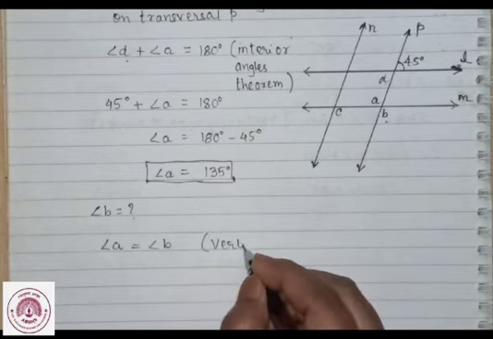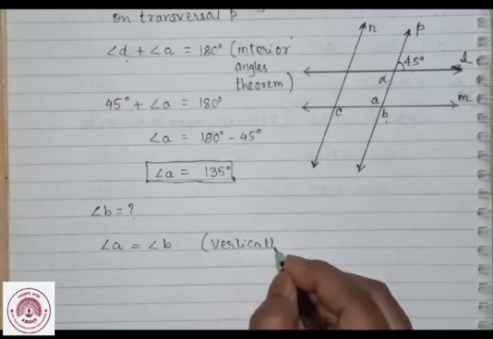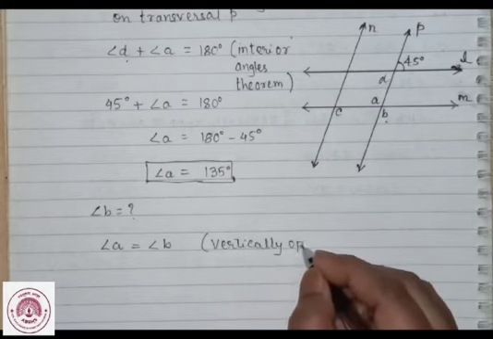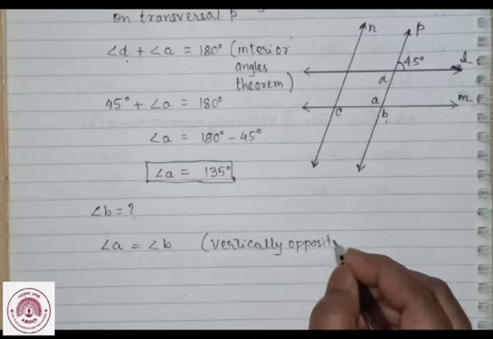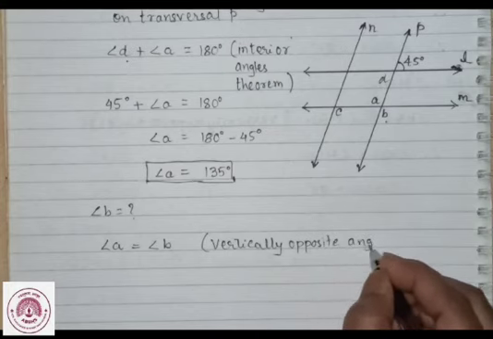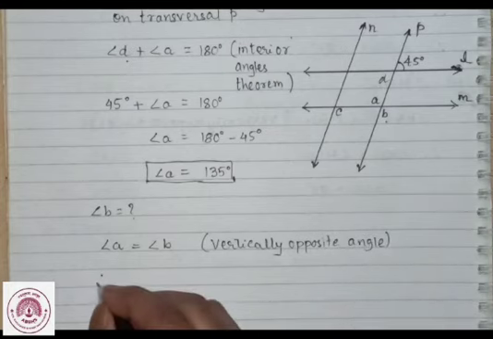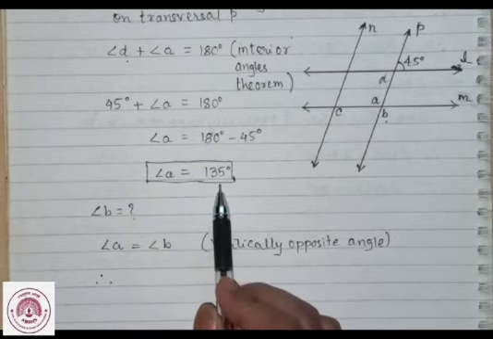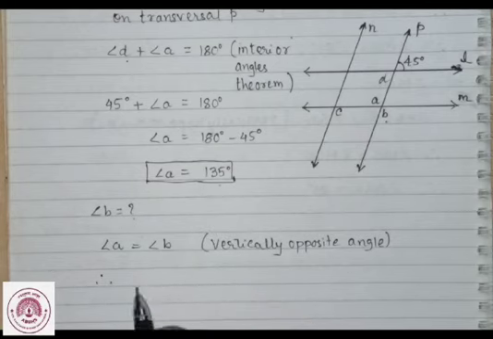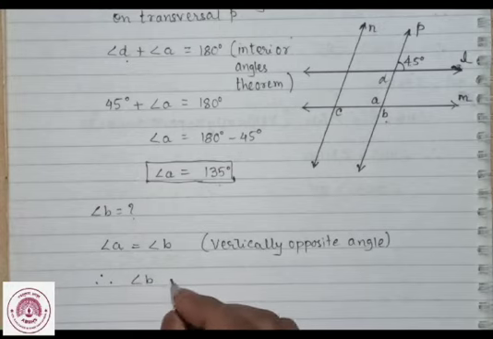Vertically opposite angles. Now angle A is 135 degrees, so B is also. Therefore, angle B is equal to 135 degrees.